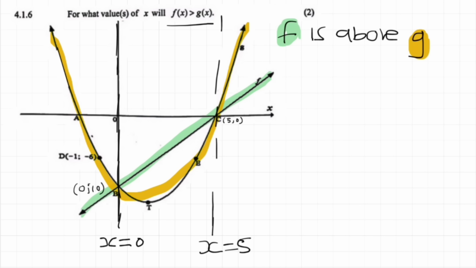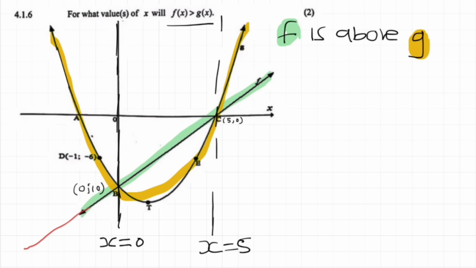So we want where f is above. So if we check where x is less than 0, let me just use this side. If we check this side, we can clearly see the yellow one, which is g, is the one that is above, and f of x is below.